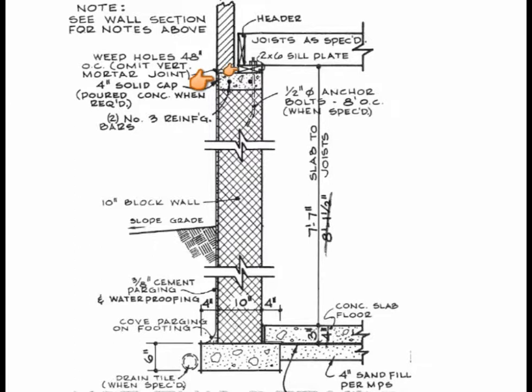On top of that, you have the 2x6 seal. The 2x6 seal plate allows the floor joist to be attached to the seal plate. And then we have the 4-inch brick that we use for our exterior wall for our superstructure.